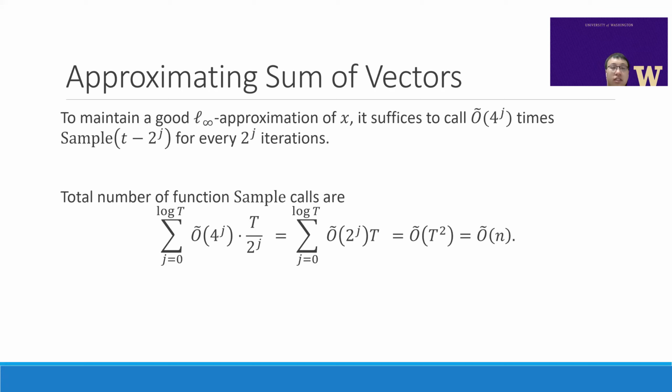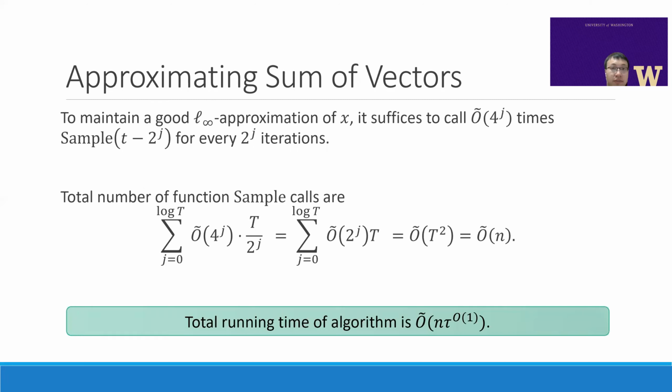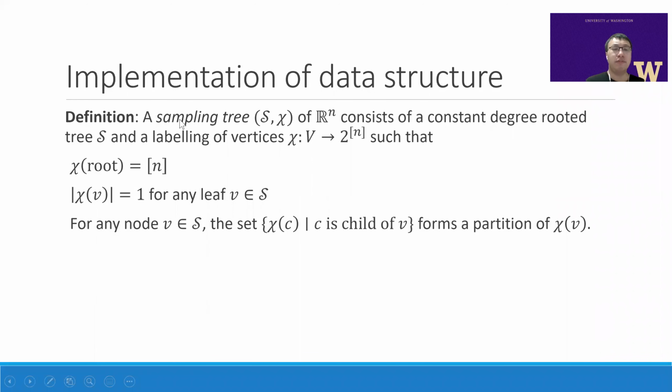Okay, now we go through the final part of our work, which is constructing the sampling data structure. One of the most important ingredients of the data structure implementation is what we call the sampling tree. Here, the sampling tree is any arbitrary tree with constant degree and a labeling on the vertices, where each node on this sampling tree corresponds to a subset of indices of the solution vector, and each leaf in this tree corresponds to exactly one coordinate of the solution vector.